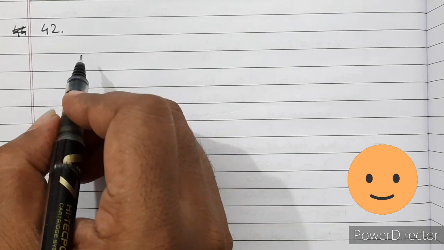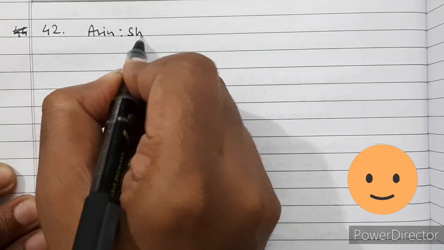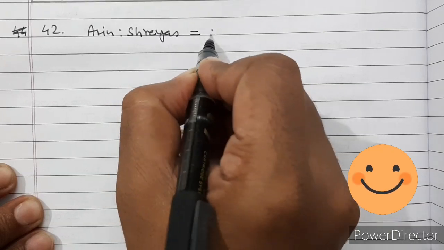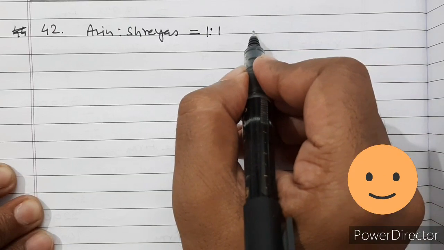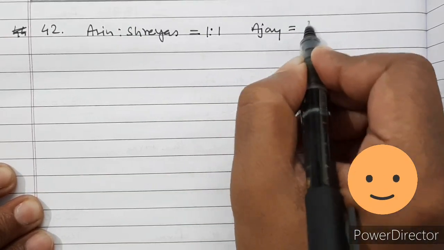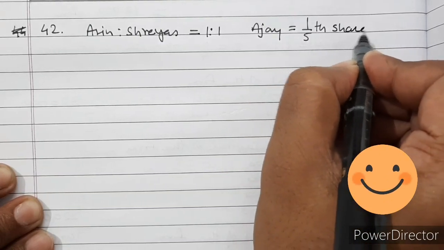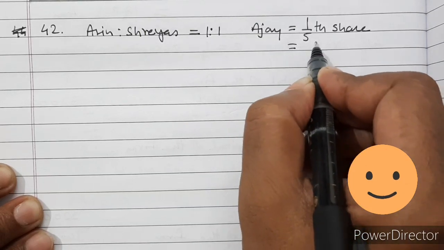Asin and Shreyas, and their profit sharing ratio is not given, so their ratio is 1:1. And new partner Ajay has come for 1/5 share, and Ajay's capital is rupees 5 lakh.